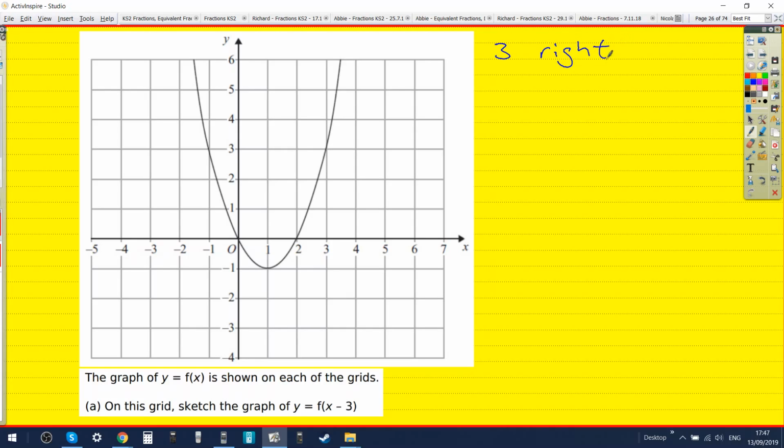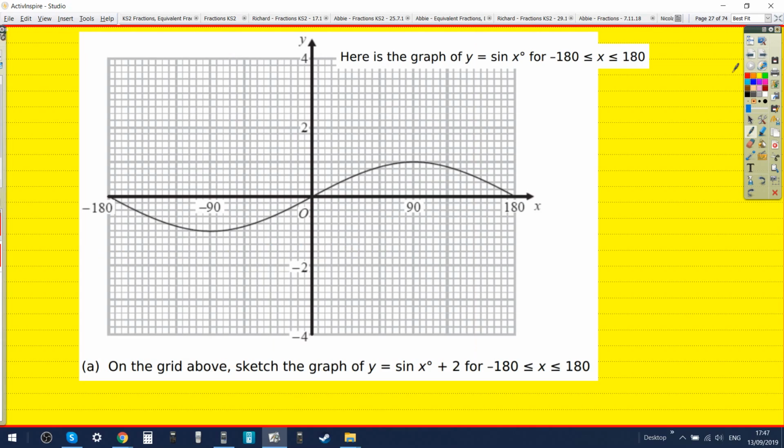So the minimum will become (4, minus 1), and then (minus 1, 3) will become (2, 3), and (3, 3) will become (6, 3). Well done. Great. And you would draw that as best you can. And how about this?